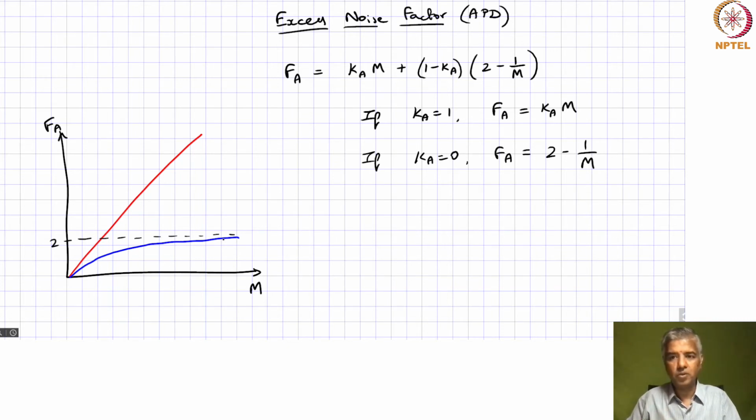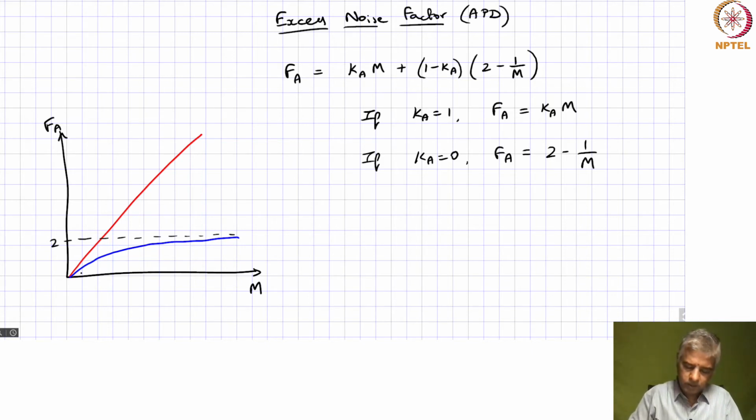So, that means that you can get whatever signal to noise ratio you want. Okay. Well, that is a hypothetical case because there is no material with Ka equal to 0. So, for example, if we consider silicon, it has got a Ka of 0.1. So, let us actually look at how Ka of 0.1 would look.